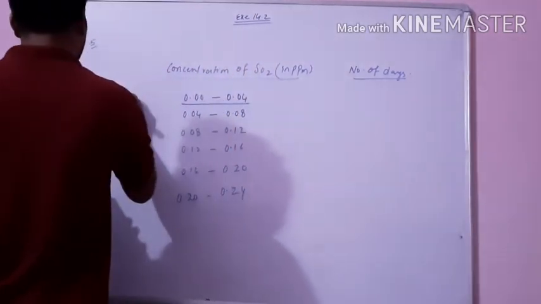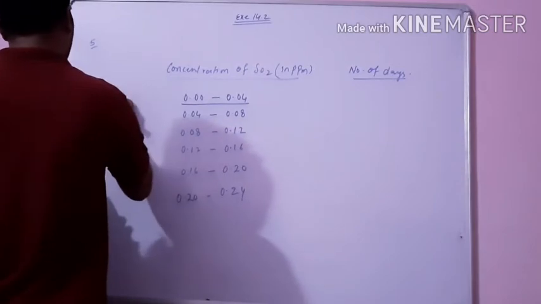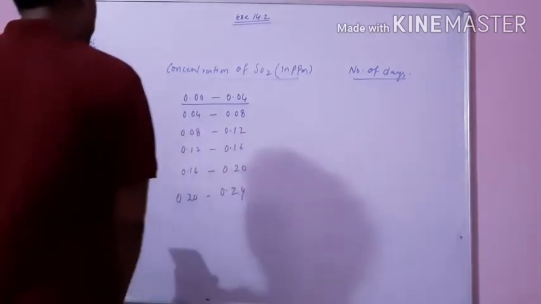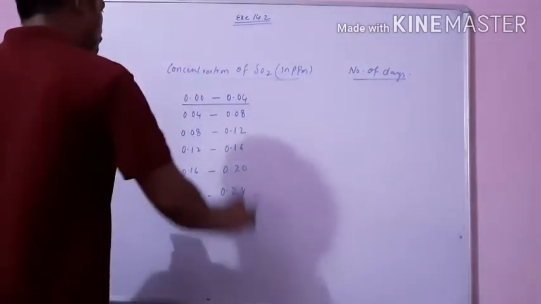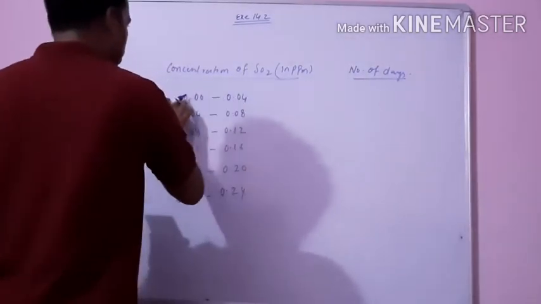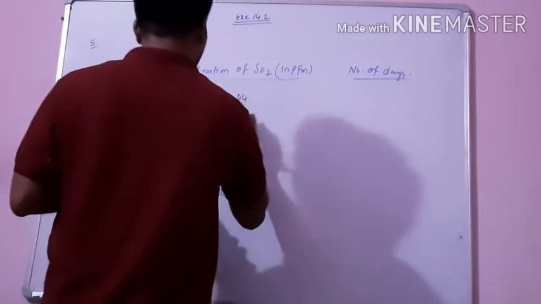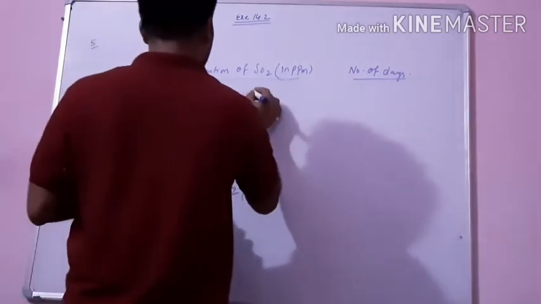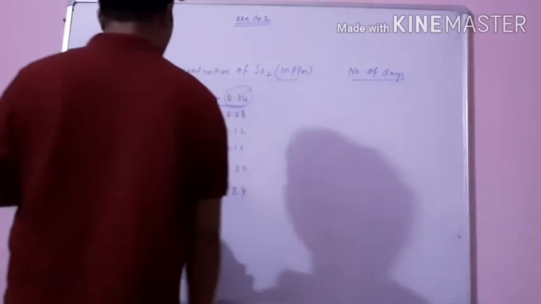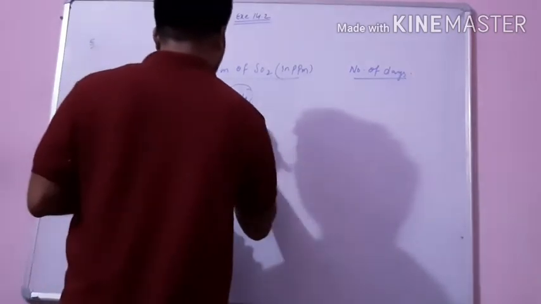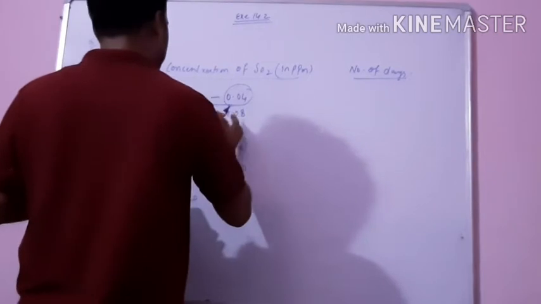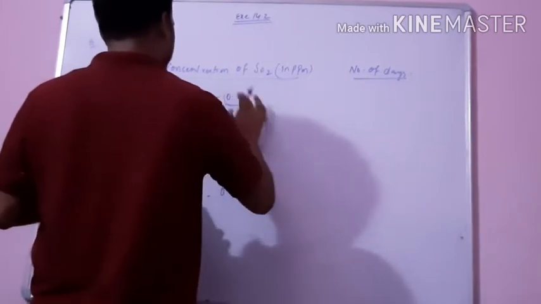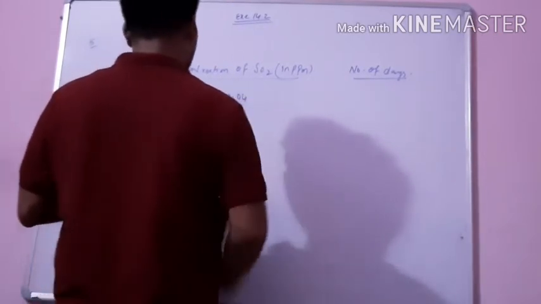Either you exclude the lower limit or the upper limit. So we mainly exclude the upper limit value. So for this interval we will not count 0.04. So we always do not include the upper limit value.